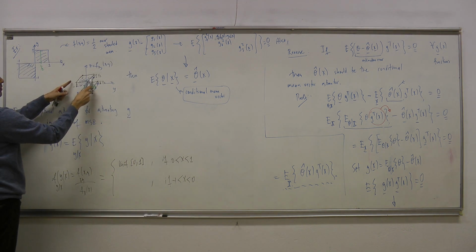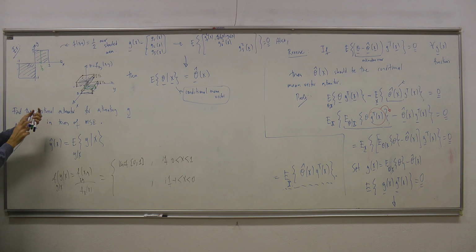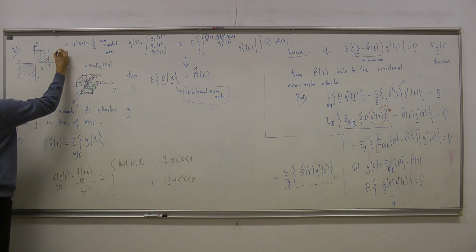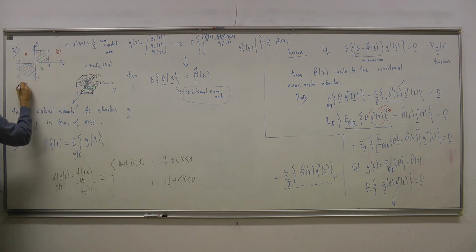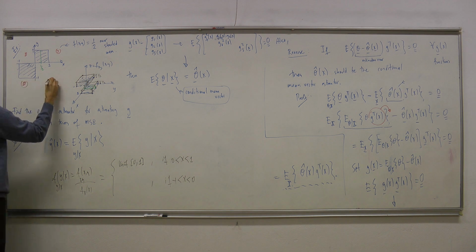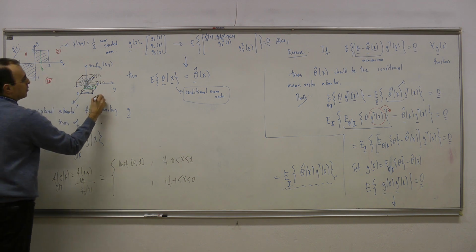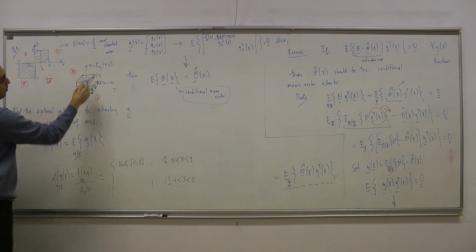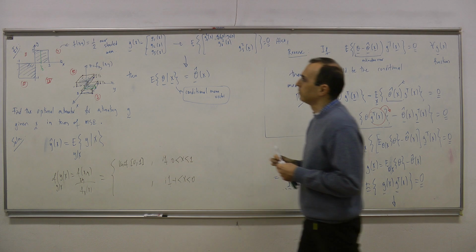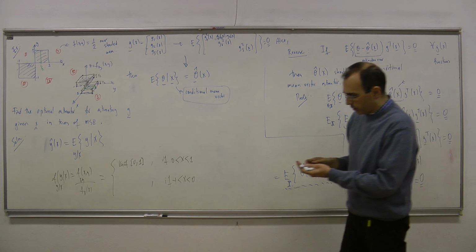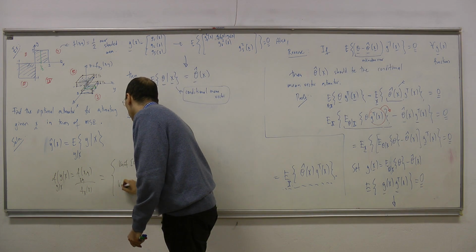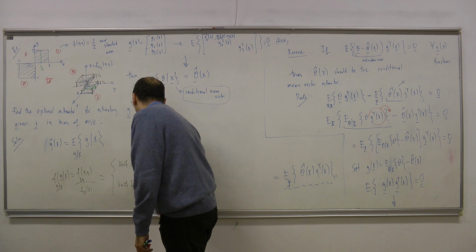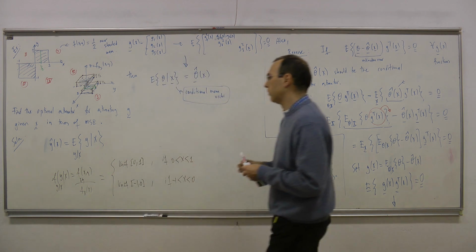This is in the third quadrant. This is the first, this is the second, this is the third, this is the fourth. So xy positive is the first and the third quadrant, if you think about the base of that. Now this is uniform in -1 and 0.